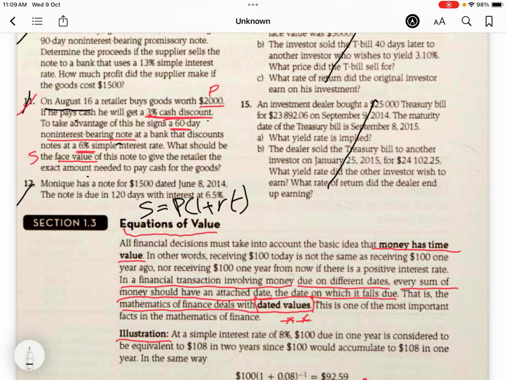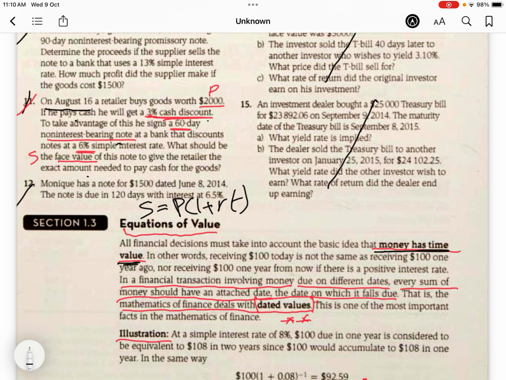this section is talking about equations of value. All financial decisions must take into account the basic idea that money has time value. Money has time value.